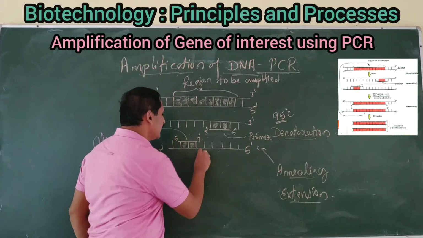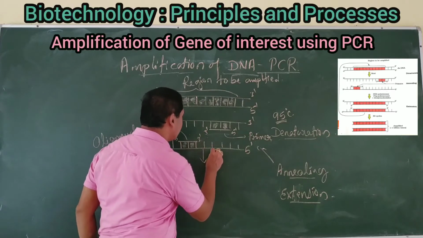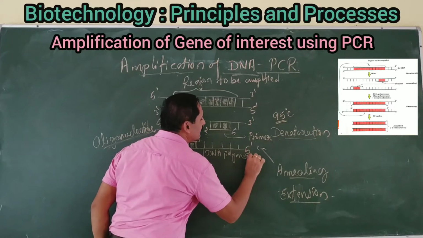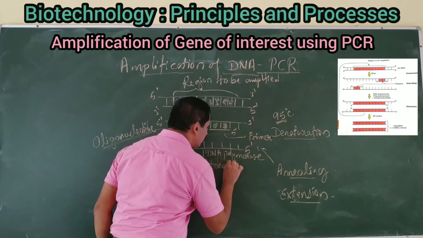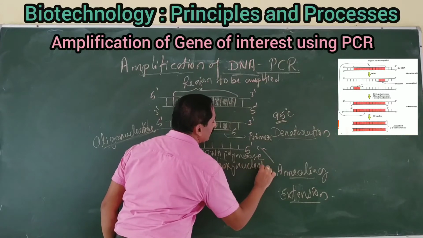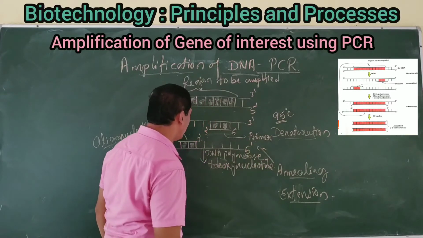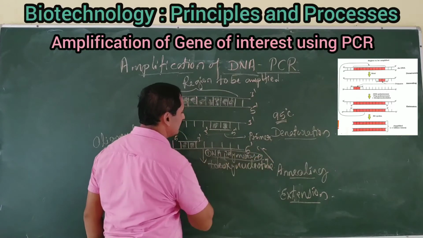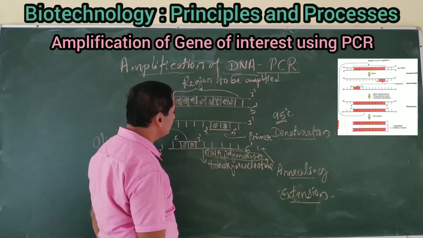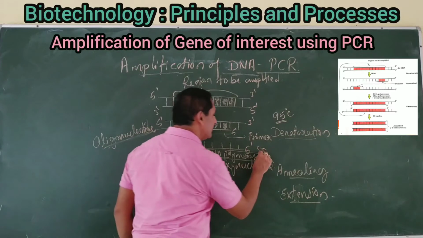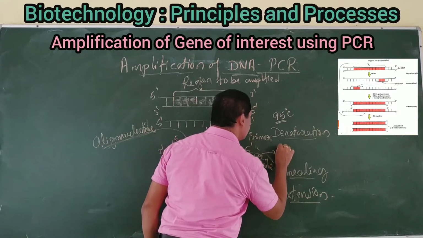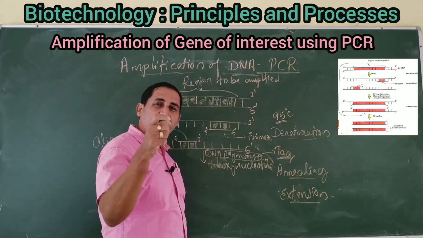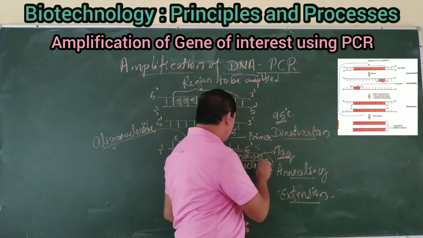After annealing, in the same PCR machine, we have to add the DNA polymerase enzyme and deoxynucleotides. This DNA polymerase is a Taq polymerase, that means a thermostable polymerase enzyme.